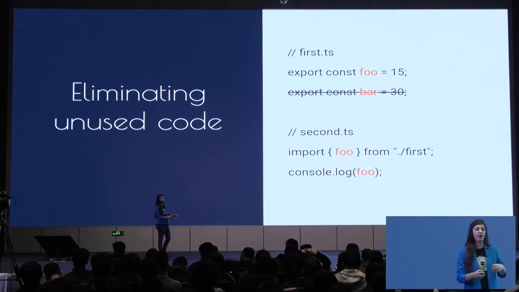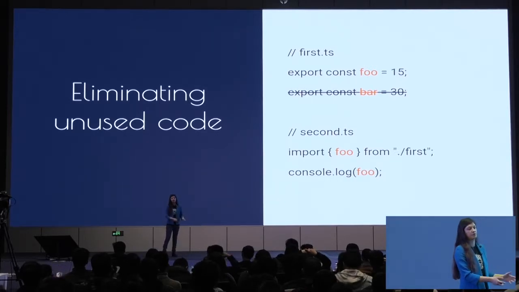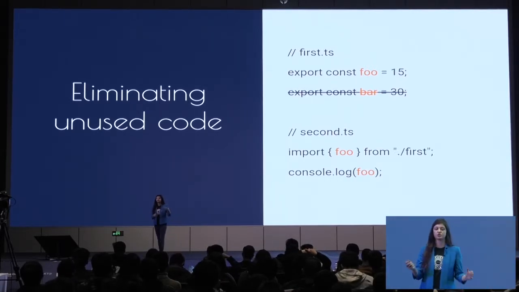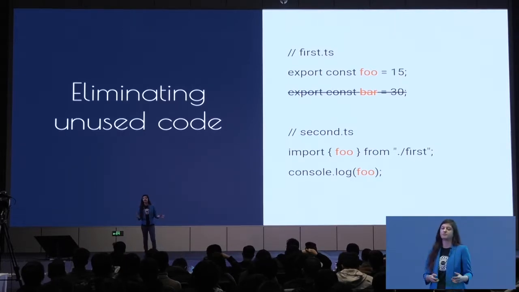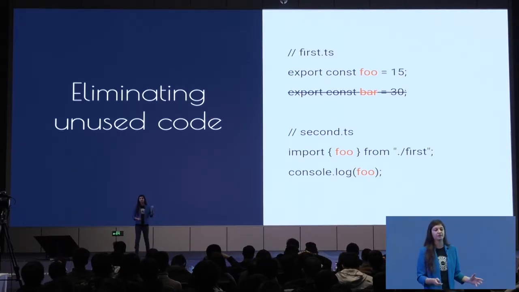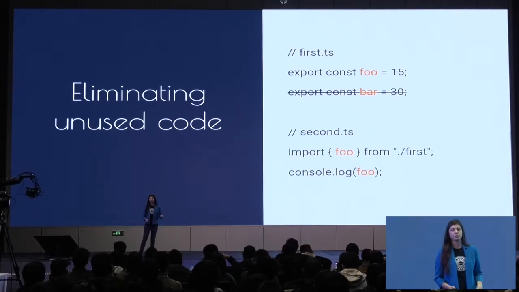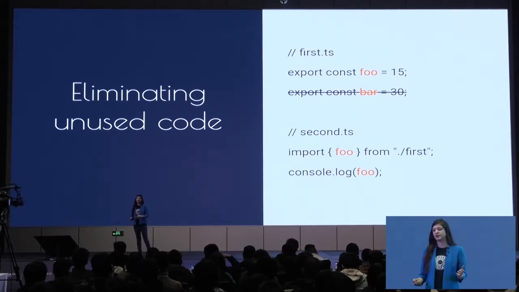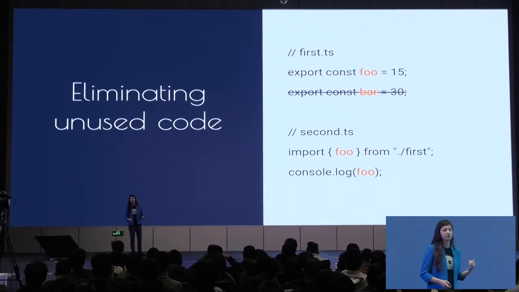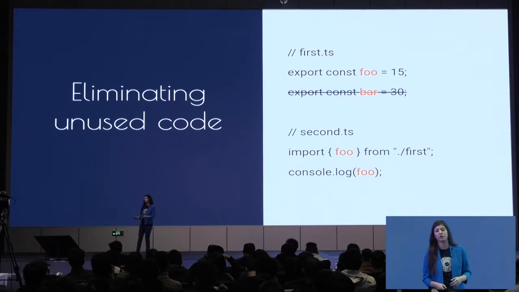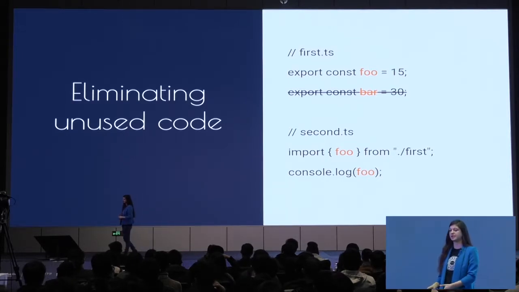I don't need the whole library ending up in my bundle because it's huge and I'm not using a really big part of it. So that is what tree shaking will do for me. It will eliminate all the code that I'm not using. So I can actually end up only with the code that I'm using in my application.